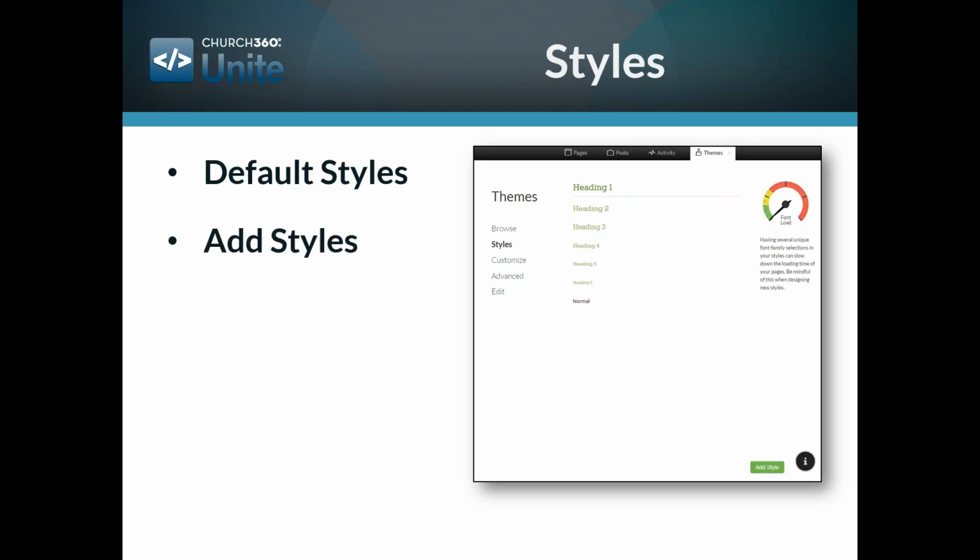We've given you the ability to add styles. And so you can add styles of any type to modify your text. And you can have multiple colors and multiple fonts. This allows you to create this menu of style options for your users, your publishers, the people who are putting content on your site.